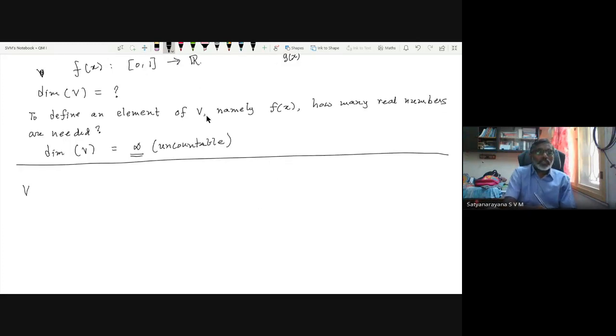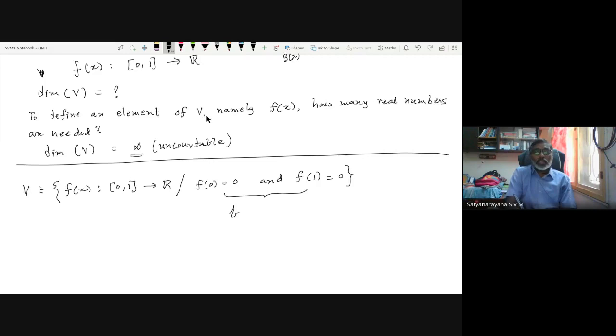Suppose now you consider V as the set of all functions f of x, which go from [0, 1] to real numbers, such that f of 0 is equal to 0 and f of 1 is equal to 0. Now these conditions are called boundary conditions.